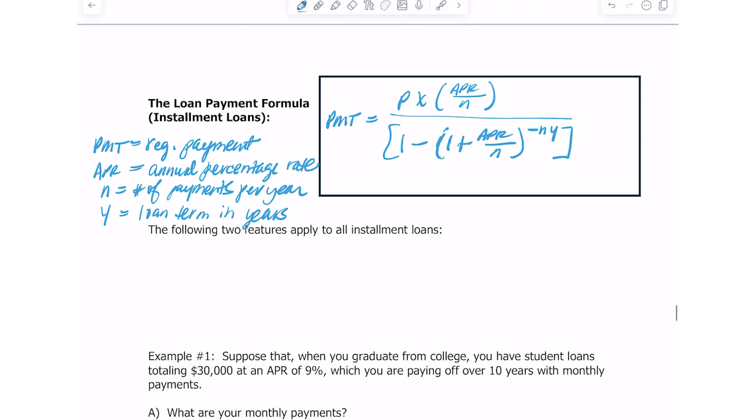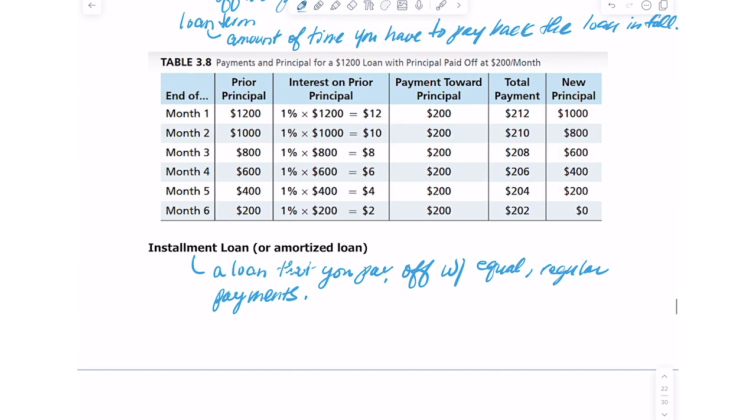The following two features apply to all installment loans. First, the interest due each month gradually decreases. If you look at the table on the previous page, you can see how the interest decreases over time. We start out with $12, and after 6 months it reduces down to $2.